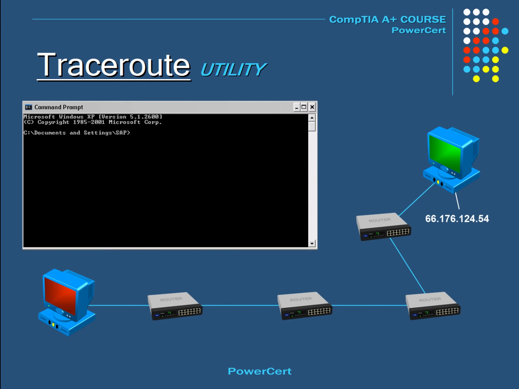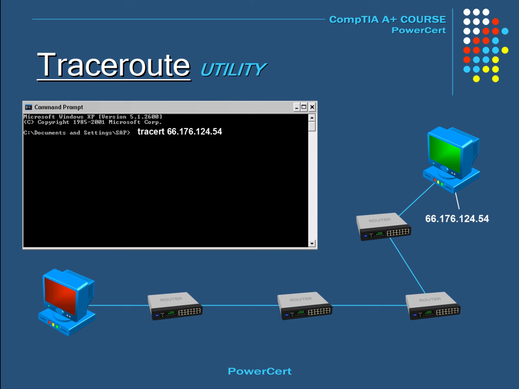Our next utility is called tracert, which stands for trace route. This is used to find out the exact path the data packet is taking on its way to the destination. So for example, let's go ahead and trace the route from our computer to another computer. At a command prompt, we would type tracert, space, and then the IP address, and press enter.